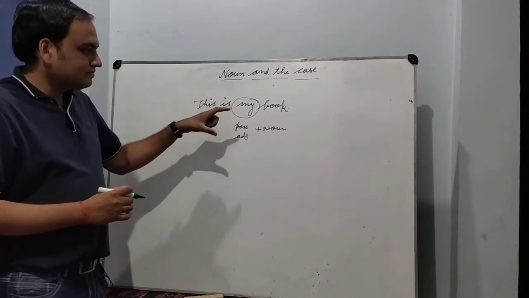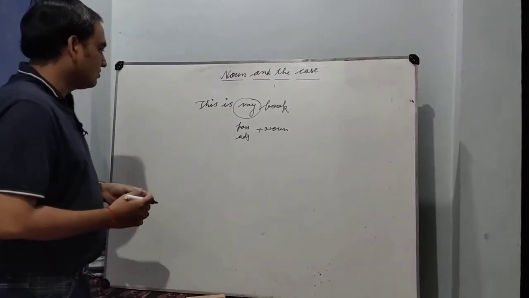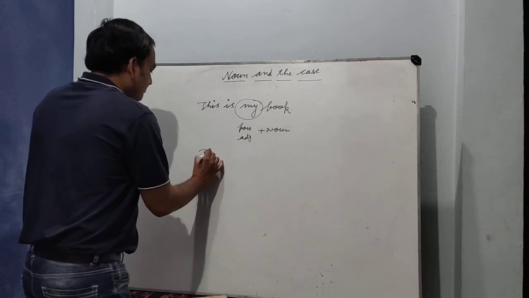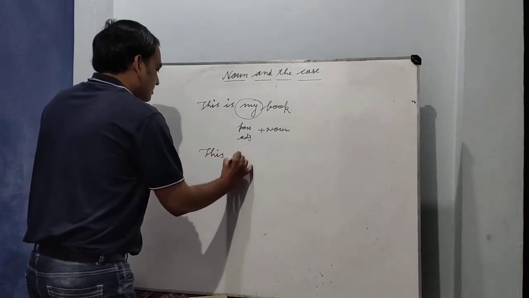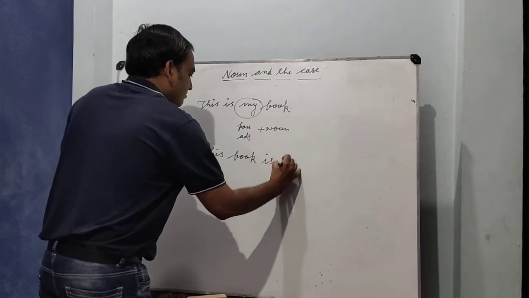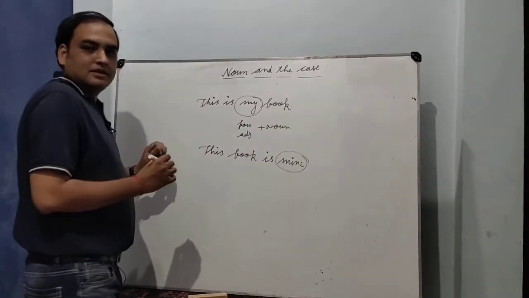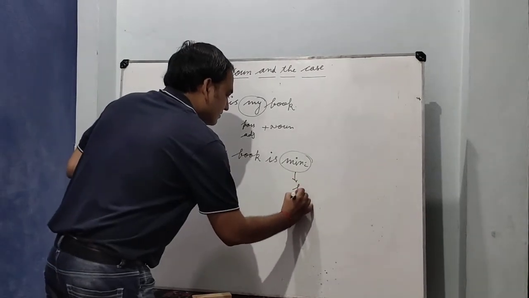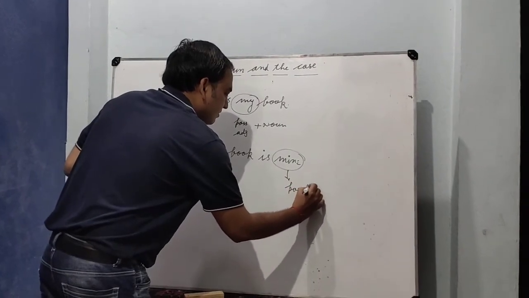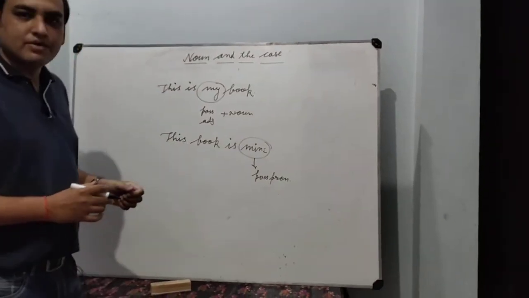This particular sentence may be written in a different way also. This book is mine. Here you can see that this is a possessive pronoun. So what is the difference between possessive adjective and possessive pronoun?